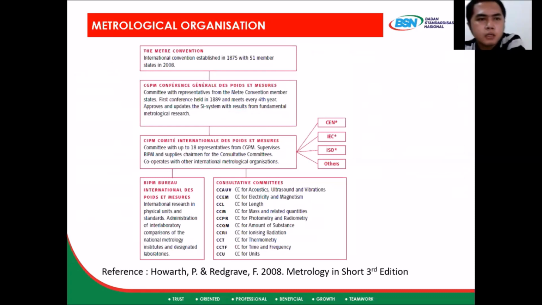Then there are metrological organizations, at the top from the Meter Convention down to the CGPM.